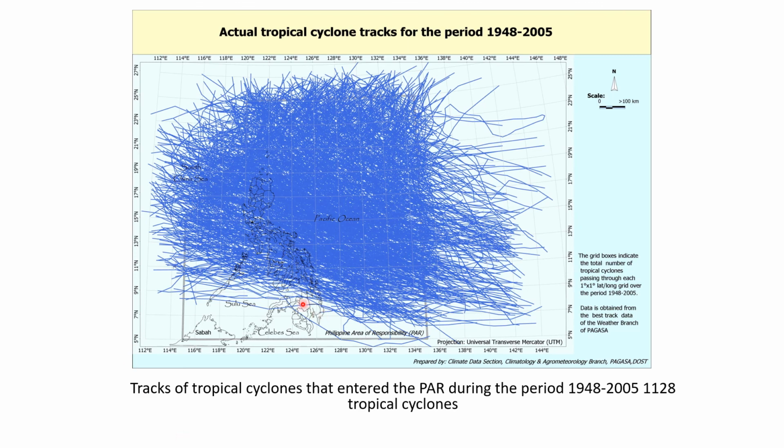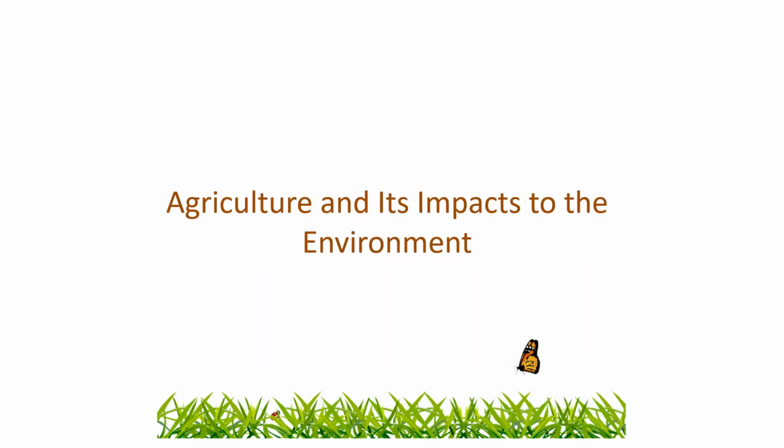On the lower region, we don't really have that many. But these days, probably due to climate change, tropical cyclones track much lower, and Mindanao is now being affected. So that would be it for our introduction.